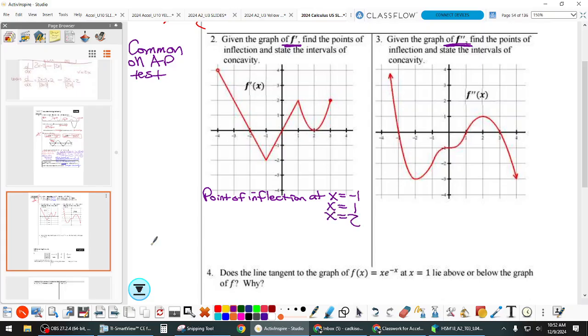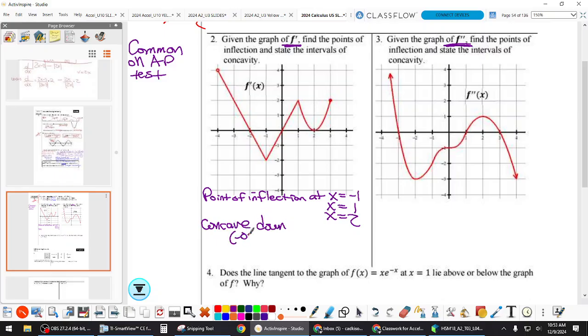Good? Okay, and then it says state the intervals of concavity. So which direction would it be concave on this interval? What'd you say? Down? Good. Okay, I'm just going to make a list.